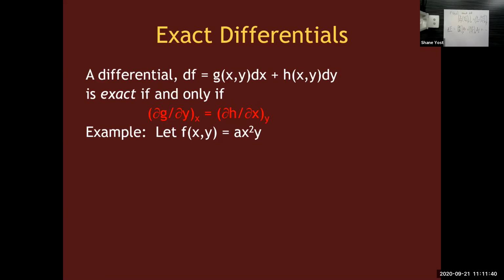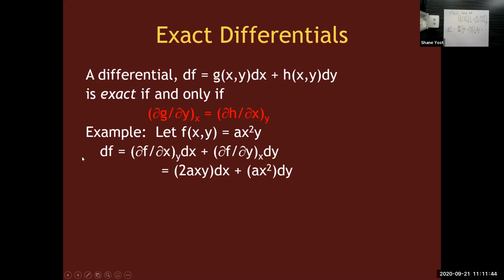For this example, the differential of f is just df/dx times dx plus df/dy times dy. Taking the derivative with respect to x, you get 2axy. The derivative with respect to y gives ax squared.